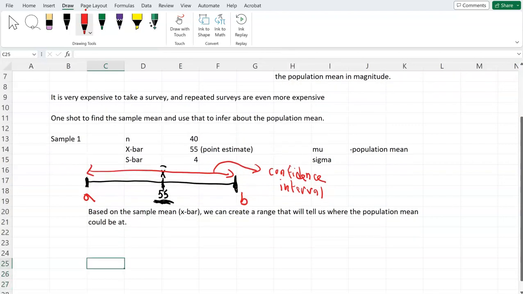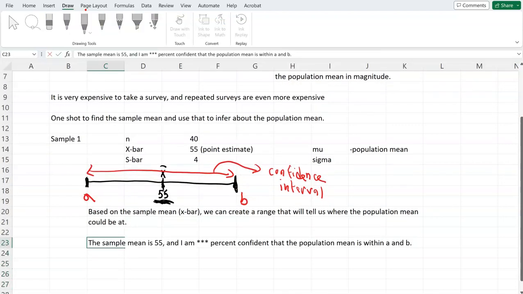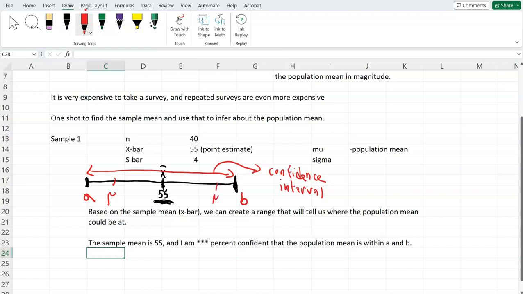So I could say that the sample mean is 55, and based on that, I am this much confident, or the confidence interval at this percent is going to be between a and b. So mu could be here, it could be here, it could be exactly 55, we just don't know where, but we put a bound that it's probably between.